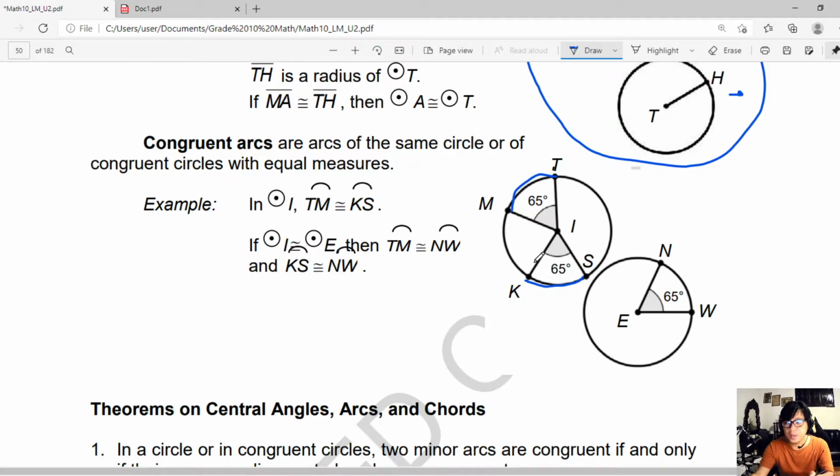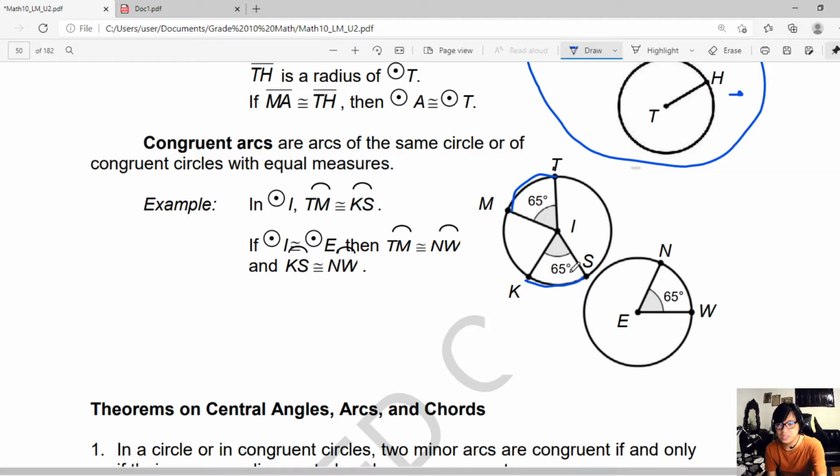When I say congruent, their measures are equal. Okay? So, if circle I is congruent to circle E, then the arc TM is congruent to arc NW and KS is congruent to NW.